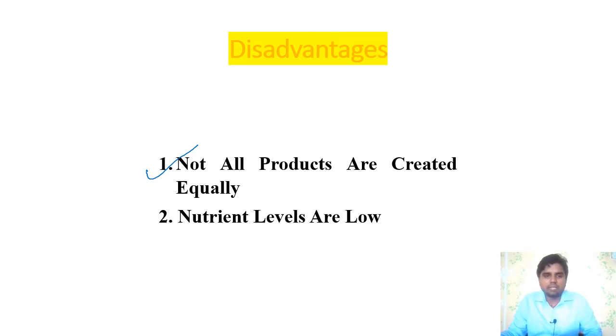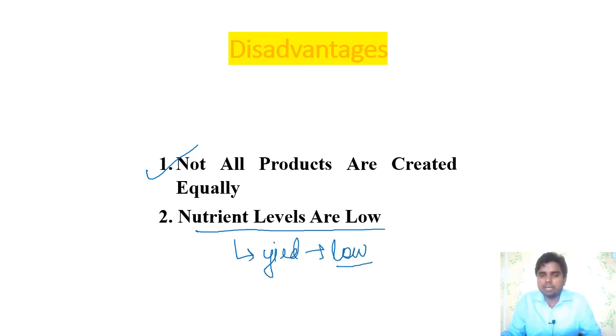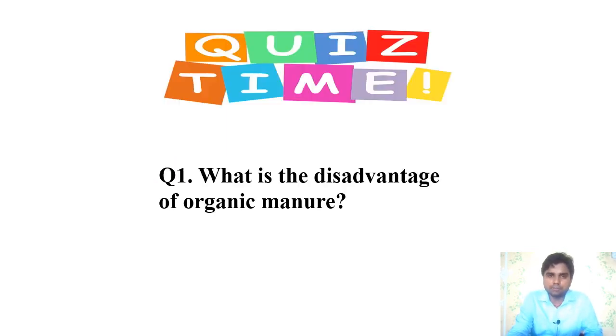Next, nutrient levels are very low in the soil when we put organic fertilizers as compared to the chemical ones. Hence, the yield we are expecting will be low as compared to chemical fertilizers. I hope you have understood this.